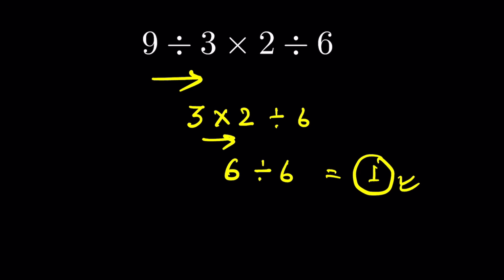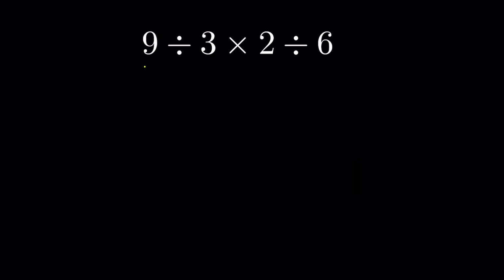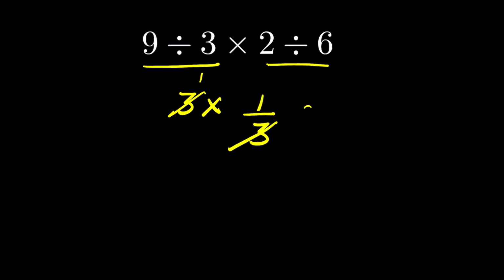Now what is confusing here? Let me show you. Even if you solve this part and this part simultaneously, 9 divided by 3 is 3, then you write multiplication. 2 divided by 6 will be 1 upon 3. Then also 3 times 1 is 3. Answer is 1.